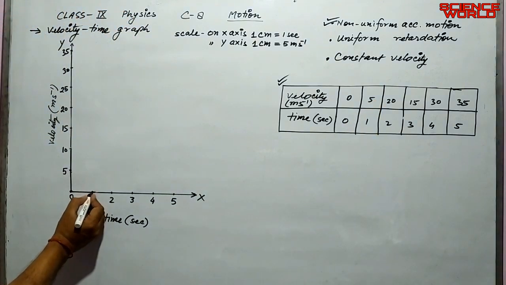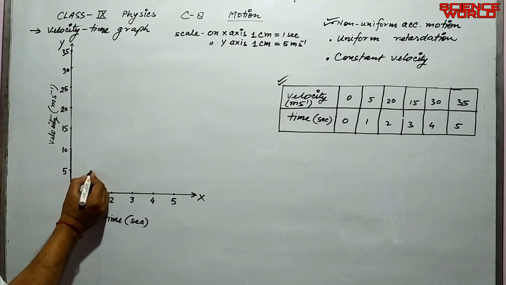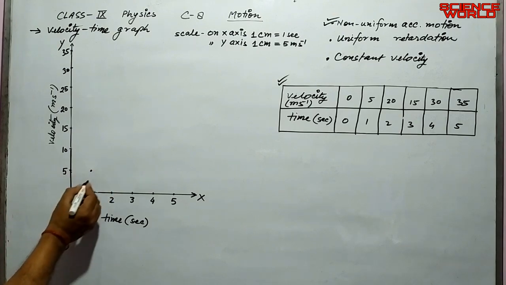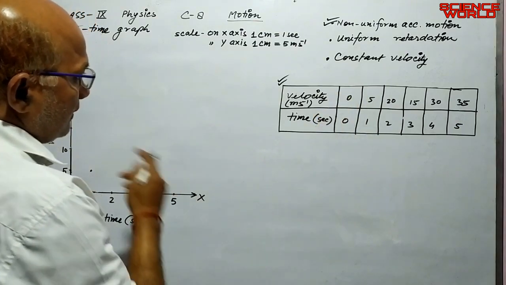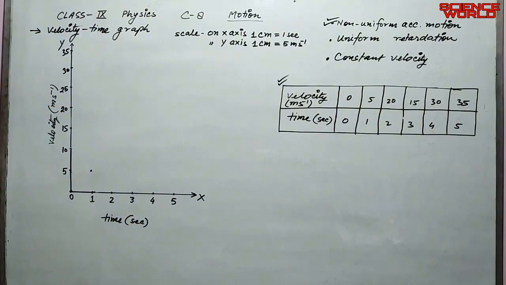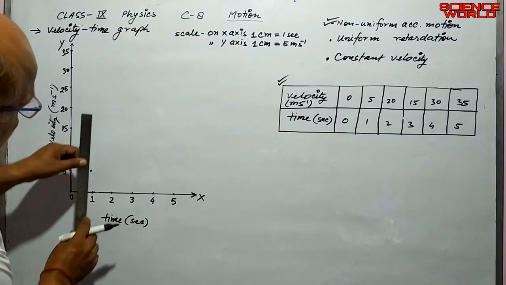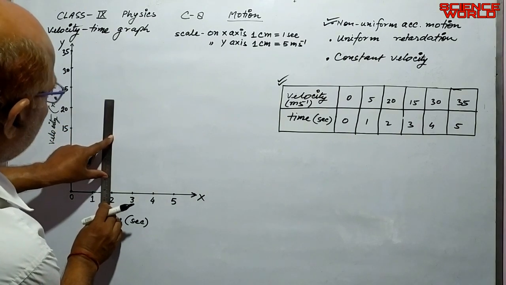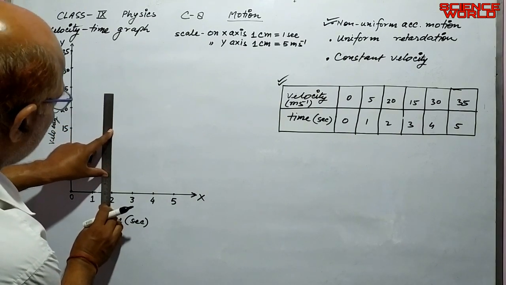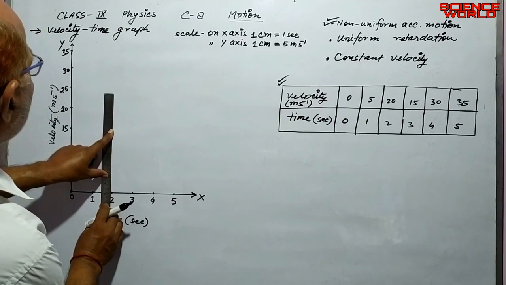So, in 1 second the velocity is 5 meter per second. Put a point here and in 2 second the velocity is 20 meter per second.